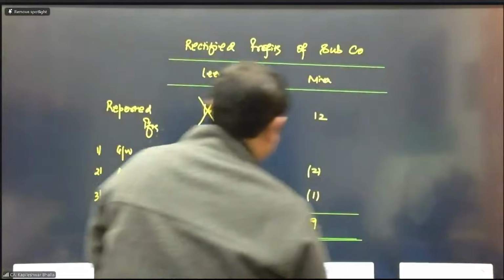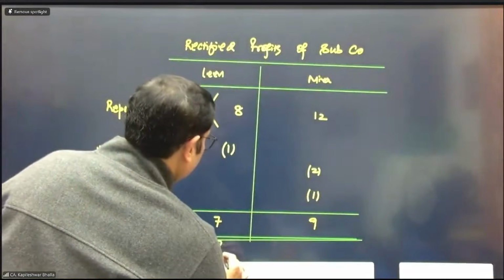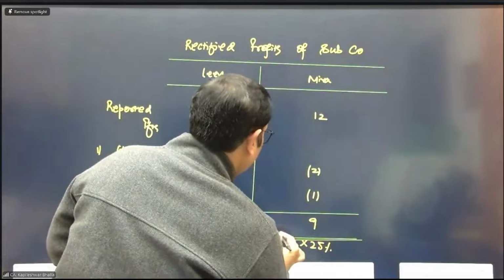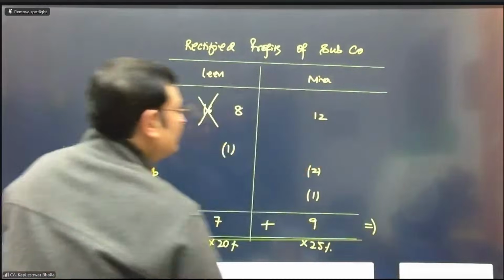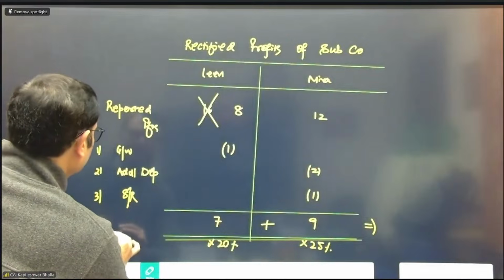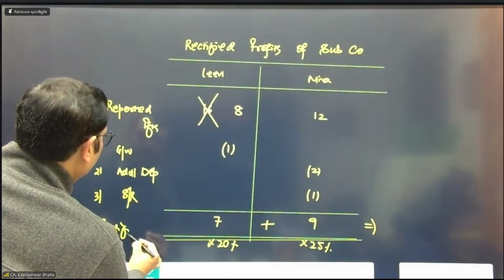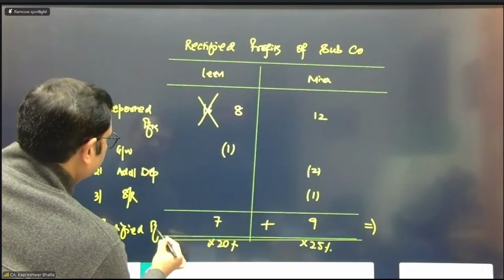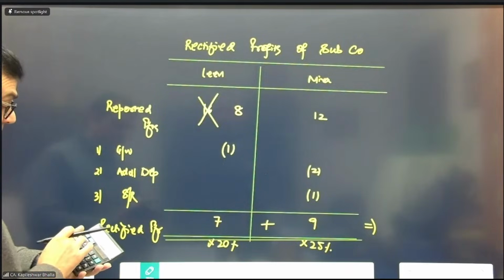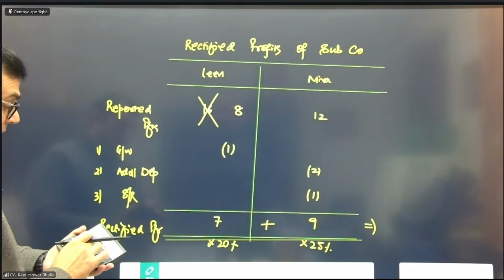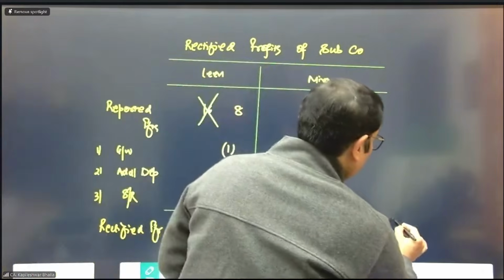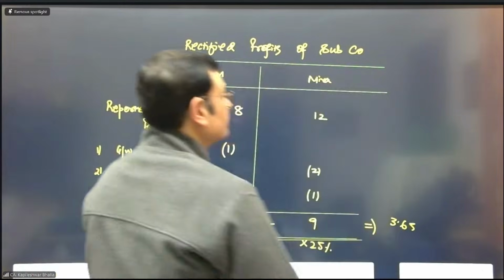Let's see the share of the NCI in the rectified profits: 7 into 20% is 1.4, 9 into 25%, and I think the total is 3.65.